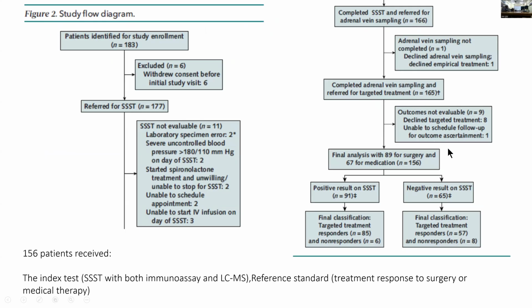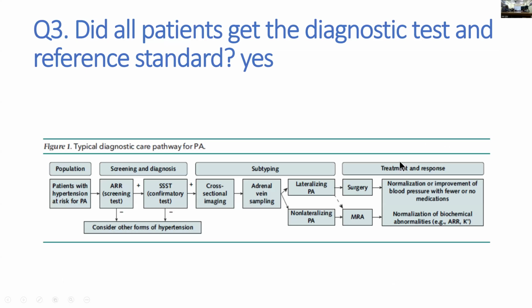Out of which outcomes were not available in some patients. The final number of people who had undergone both the tests was 156. There was some missing data of some people who underwent the first test but not the second test. This was probably because of the COVID pandemic which happened in between. But they have included all the patients who had both the tests done.